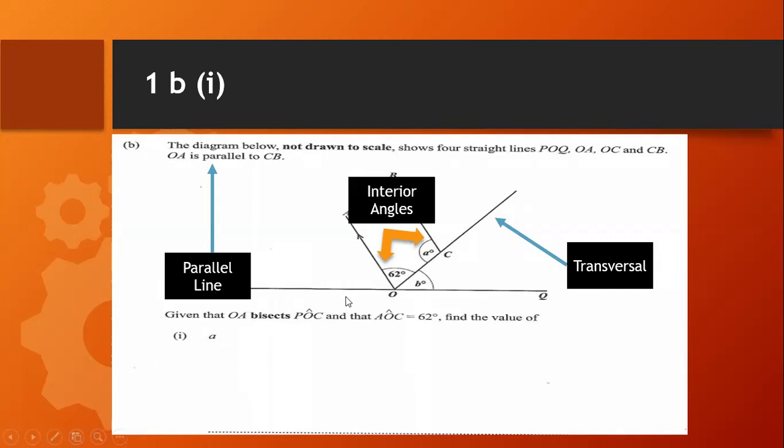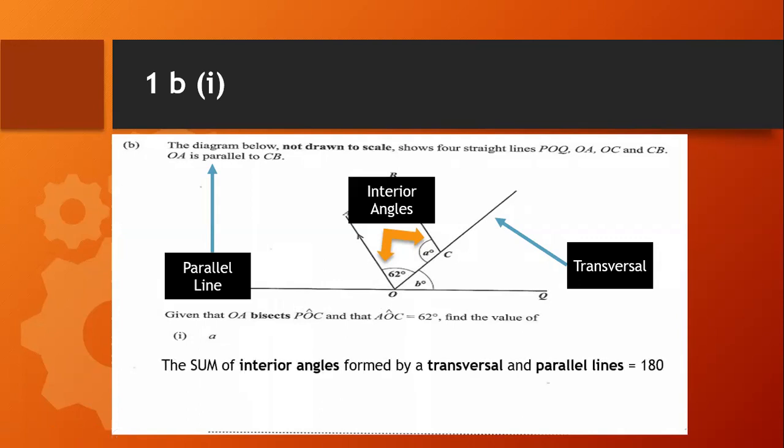Interior angles are supplementary, or another way to say it is that interior angles sum to 180 degrees. As you see here, when you add up interior angles formed by a transversal, which is this, and parallel lines, which are these, you get 180 degrees.